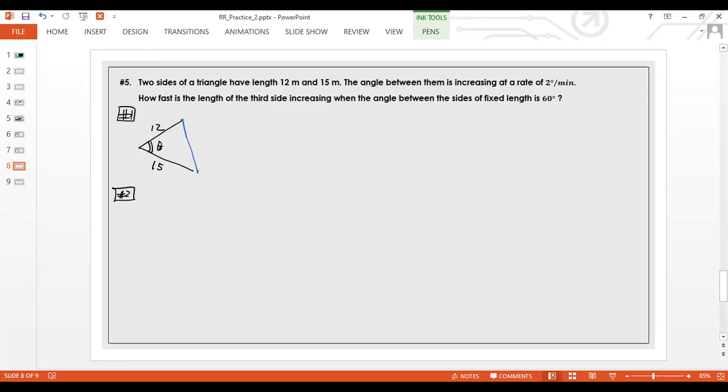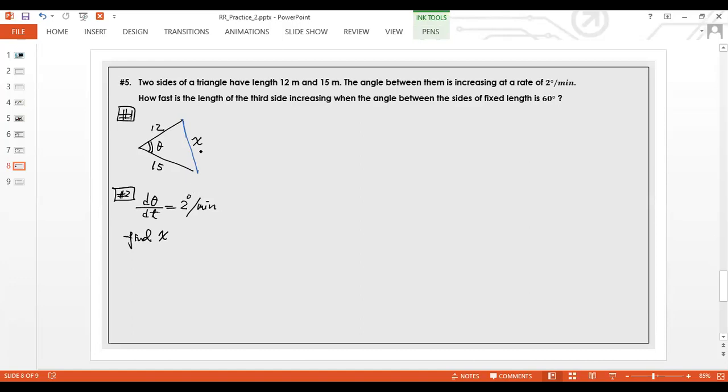Okay, so I guess this is all given. I will say this side is x here, right? And then let's take a look at what other information is given. The given is d theta/dt, this is 2 degrees per minute. Okay. And now what do we want to find? We want to find the x values here.